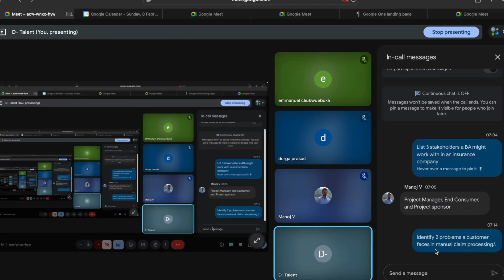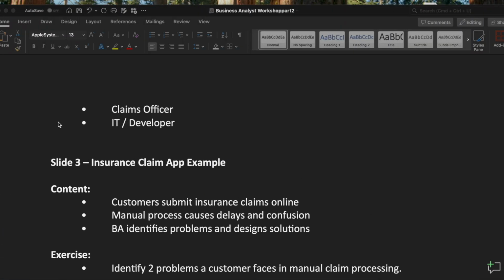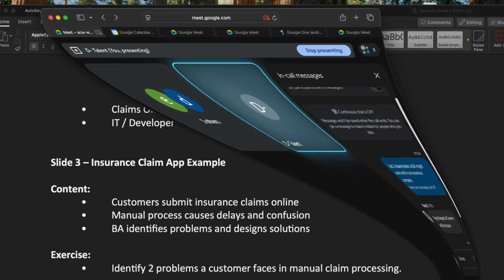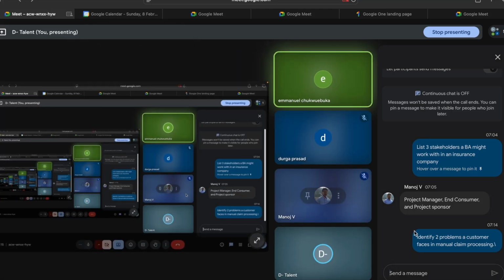Our business problem is that today this claim process is manual, so we try to build an app or website to submit claims.